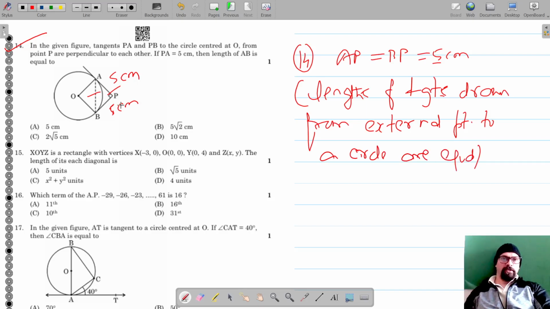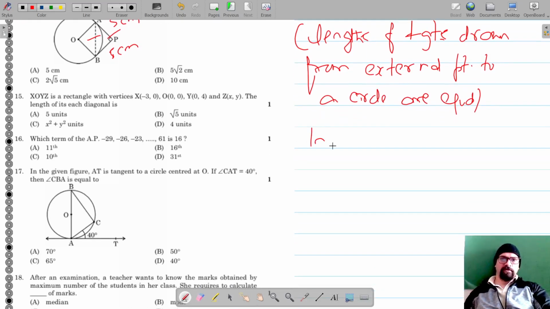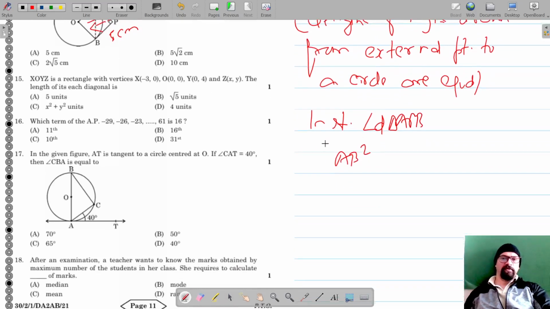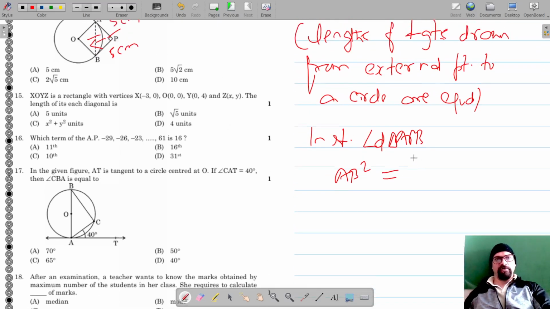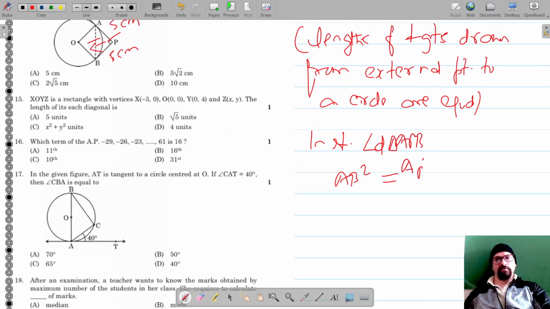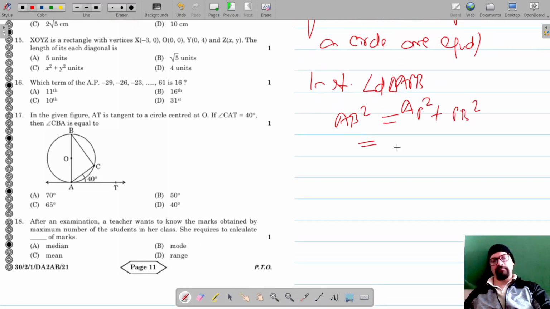Now triangle APB is a right angle triangle, because angle P is 90 degrees, so I can use the Pythagoras theorem. The side opposite to 90 degrees, AB, is the hypotenuse, so AB square is equal to AP square plus PB square, and both being 5 centimeter, it's 5 square plus 5 square, 25 plus 25 is 50.